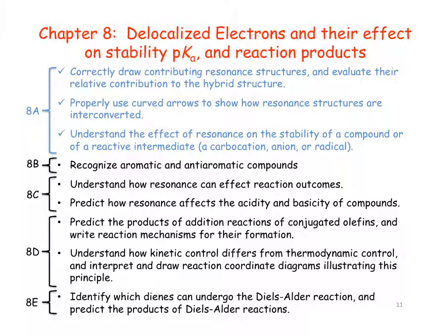Remember, we can only move either non-bonding or pi electrons when we're doing resonance. Okay? We've learned about the relative stabilities, and we've learned how we can decide which resonance contributors are more stable than others, and so therefore which ones are going to actually contribute to the true structure the most.